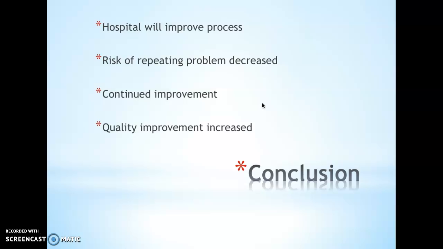Quality also increases as a result. If you're going to be more detailed in the procedures and processes, then patients are not going to experience this type of irresponsibility in care. Therefore, using all of these tools, this hospital will be able to improve its quality as it decreases its risk of repeating such problems as miscalculating the insulin.